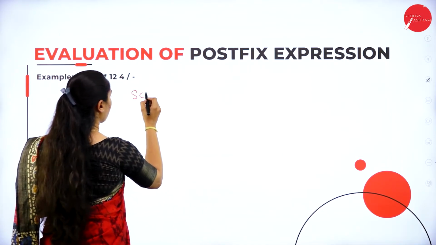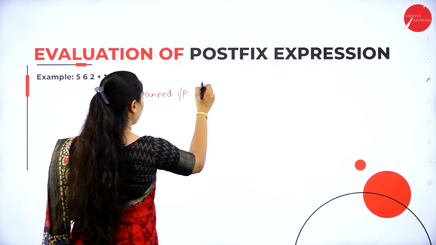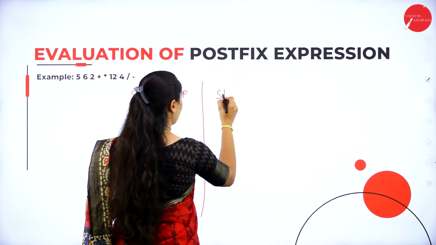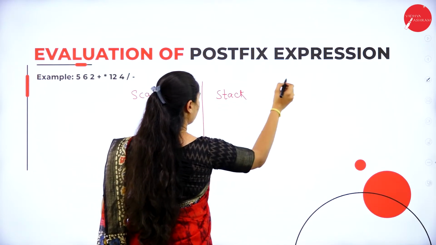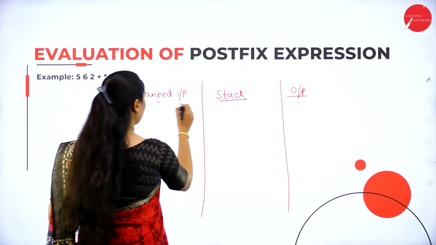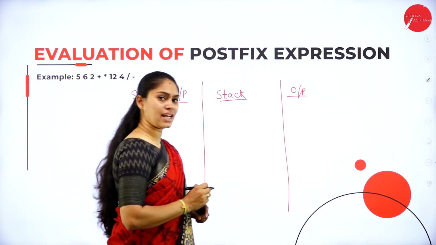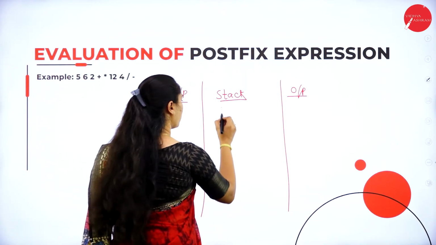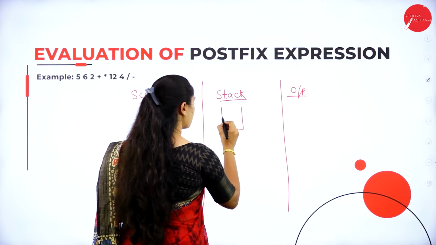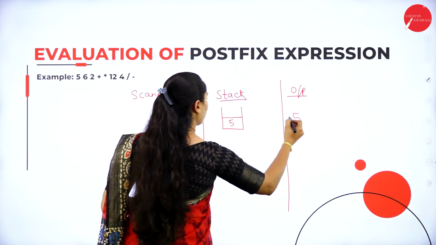So here we have a scanned input or scanned symbol. Next, let me consider a stack, and this is the resultant or output. So these are the 3 columns I have. What is the first value? 5. If I find any operand, that needs to be moved to the stack, so now I have 5. Next, in the output, now it is 5.